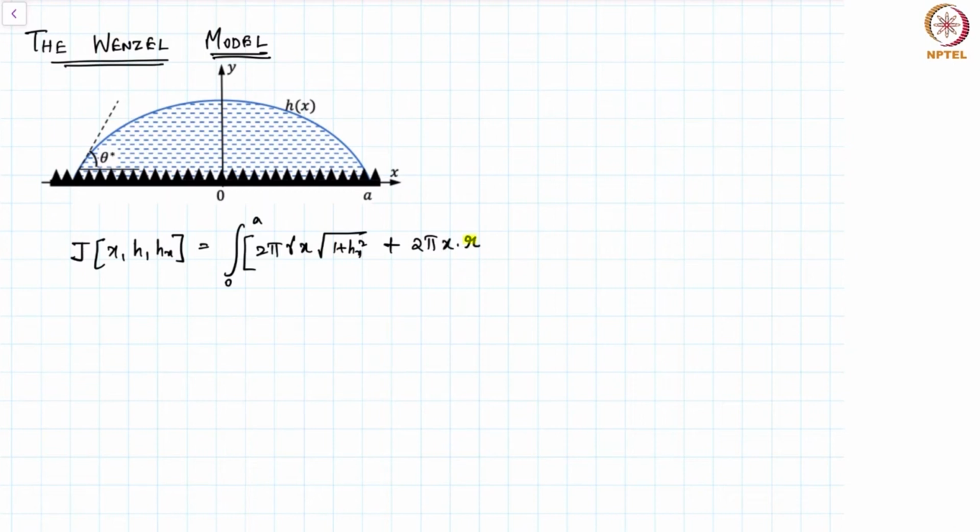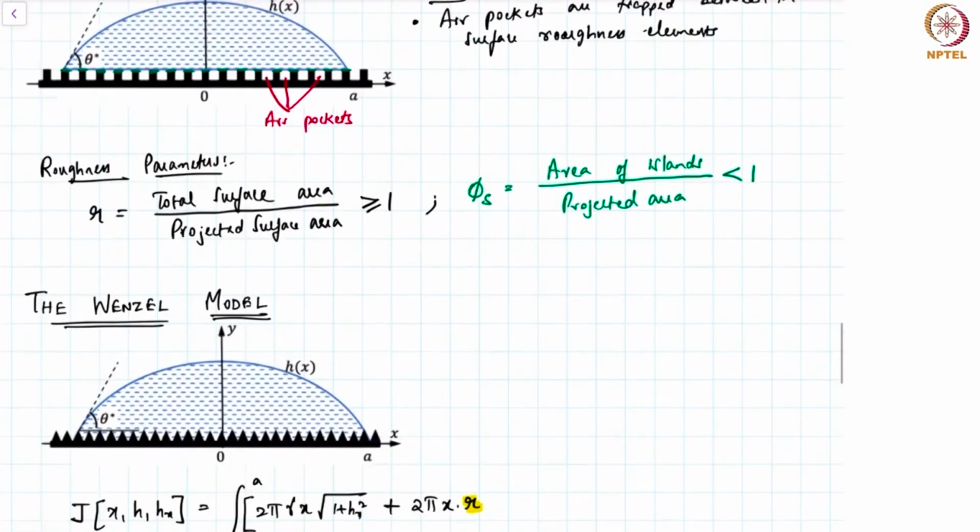But the moment I look at the contribution from the solid surface, I have 2 pi x times r. This extra r tells me the increase in the surface area. Recall the definition of r: total surface area to the projected surface area. Projected surface area is what you would have if this surface was absolutely smooth. The total surface area is just r times the equivalent flat surface area.